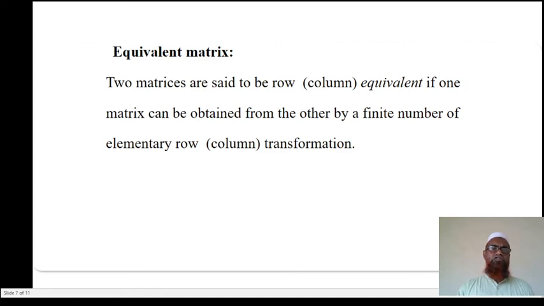Equivalent matrix: two matrices are said to be row or column equivalent if one matrix can be obtained from the other by a finite number of elementary row or column transformations. So suppose A and B are equivalent, we say that B is obtained from A by a number of elementary row or column operations.